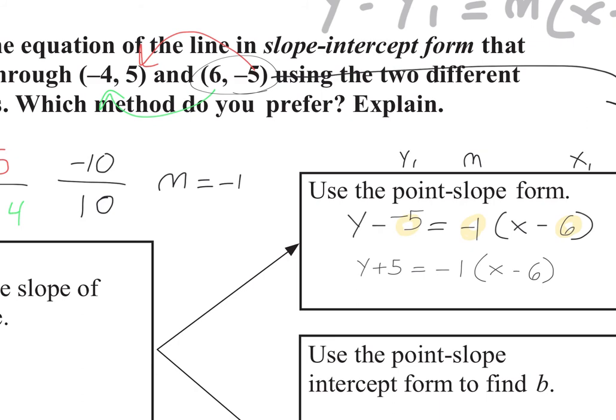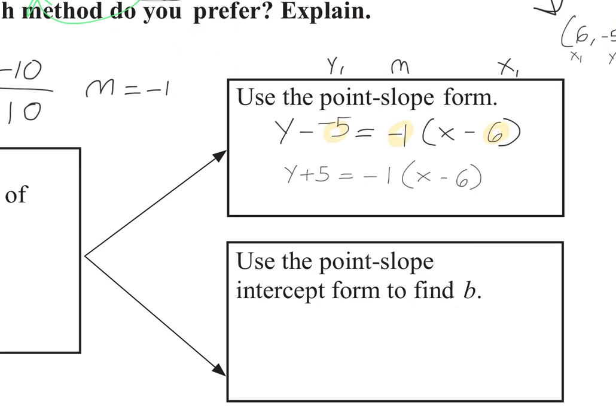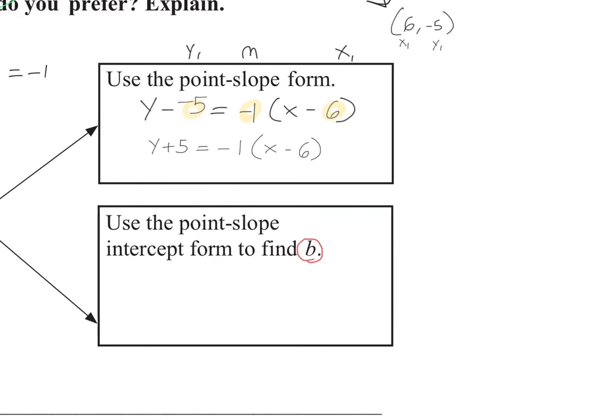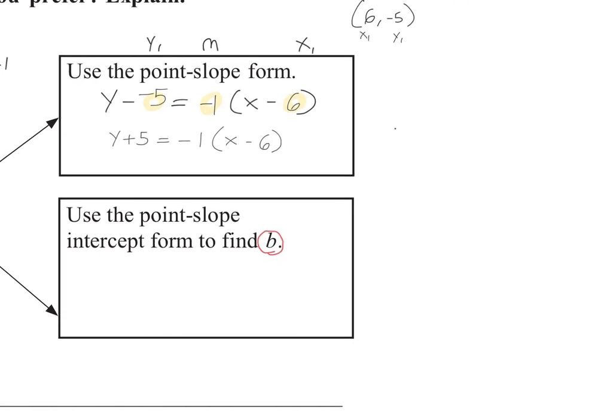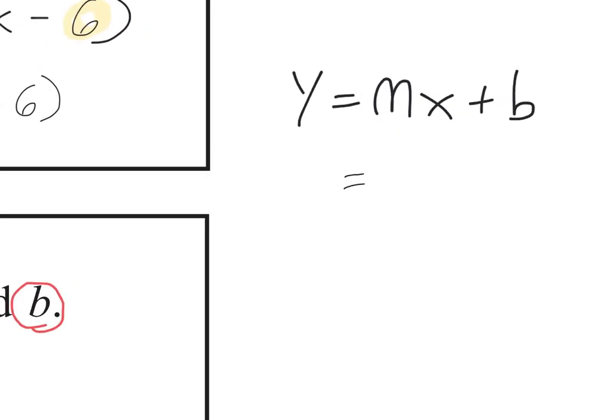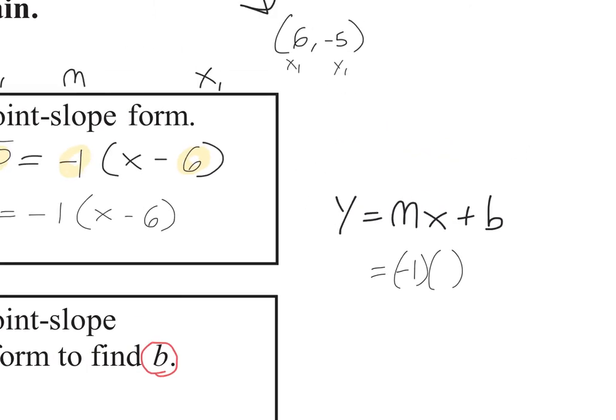Now, here's what's cool about point slope. Say you really, really wanted to know the starting value b. We had learned a previous method. Let me show you what that previous method looked like here in this example. What we had been doing is we had been using y equals mx plus b to find our b value. And we did it by plugging in our slope, which in this case is a -1. And I'm going to pick the same x1, y1.